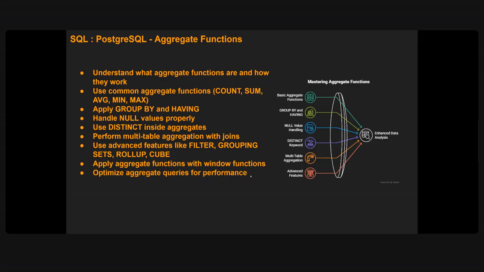aggregate queries for performance. See, why I use the words optimize and performance is, if you are pulling out 10 billion records with a select star from table name, obviously it will hit the performance. Because the database that you're using is not utilized only by you.